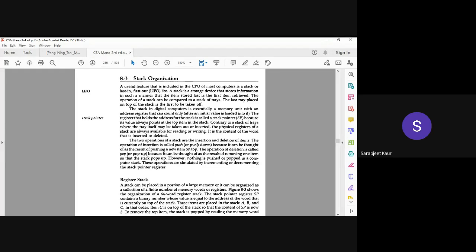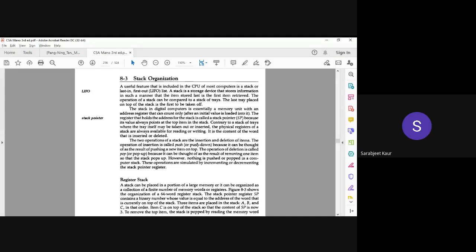Now, why use a stack? Stack is very useful for storing the return addresses. Please see. So I am, let's say, executing a program A, okay, and I get an interrupt and I have to go to program B. So I need to store the return address of program A, right?